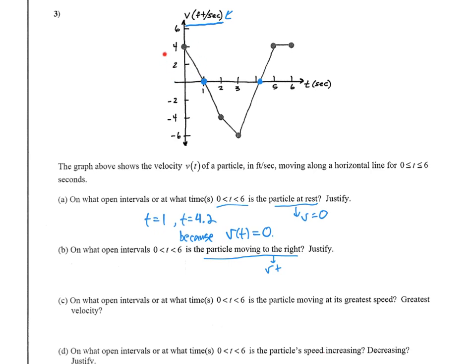It lives in positive land. So one interval would be from 0 to 1. And then I've got one more interval over here, which looks like from 4.2 to 6. Our reason for that is because those are the places where the velocity is positive.